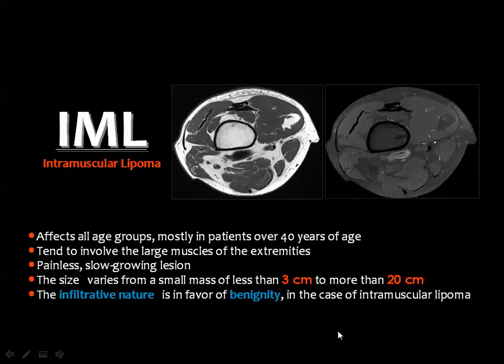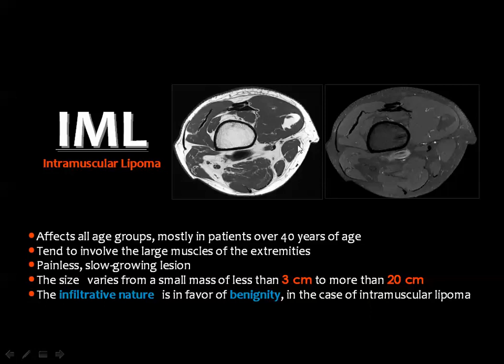Then we come to the fourth type, which is intramuscular lipoma, and it's just a mass containing fat located within one of the muscles. And one of the important criteria of this lesion is its infiltrative nature, which indicates a benign lesion.